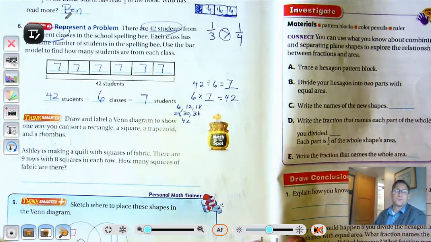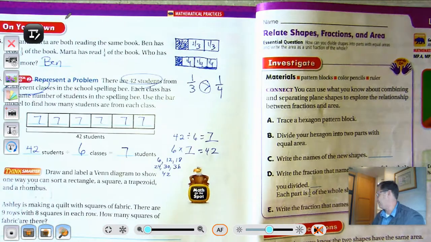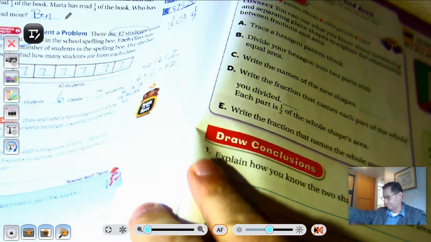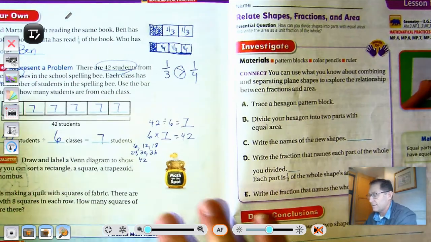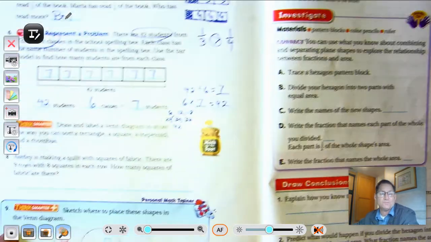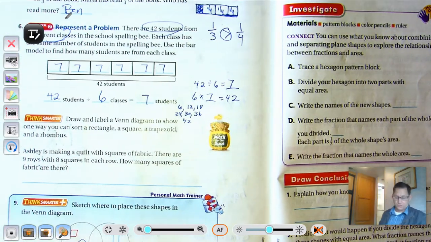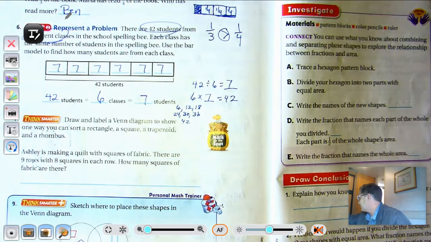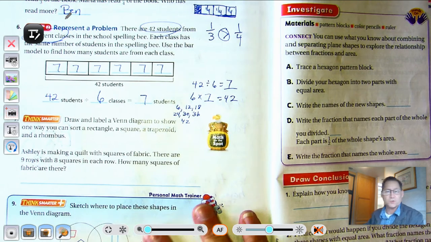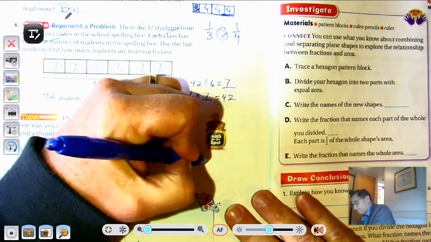Okay, number 7. Draw and label a Venn diagram to show one way you can sort a rectangle, a square, a trapezoid, and a rhombus. Okay, so draw 2 circles that overlap.